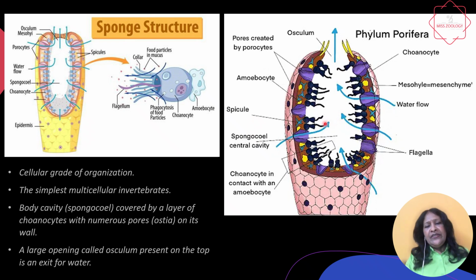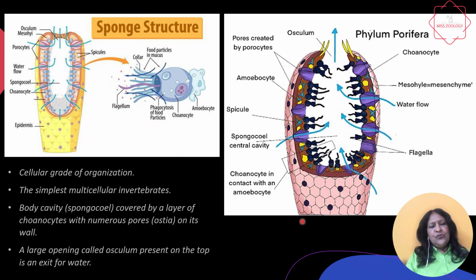But when the nutrition and the water has been absorbed by these cells in their body, the extra water and the waste material is thrown out through an opening at the top, that is the osculum, and thus they maintain their osmoregulation. The organisms of porifera only possess a cellular grade of organization.